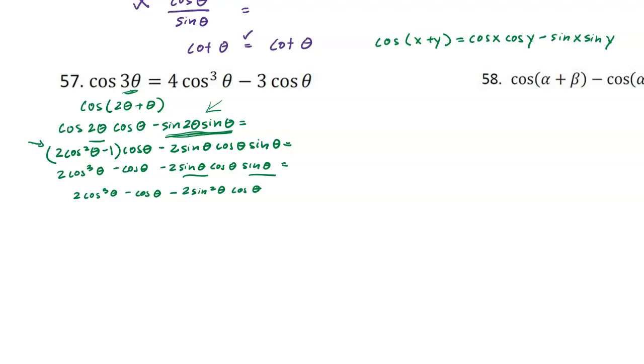So I kind of messed up, but I think I'll be okay, because I think I can split. Couldn't I make this 1 minus cosine squared theta? Let's try that.